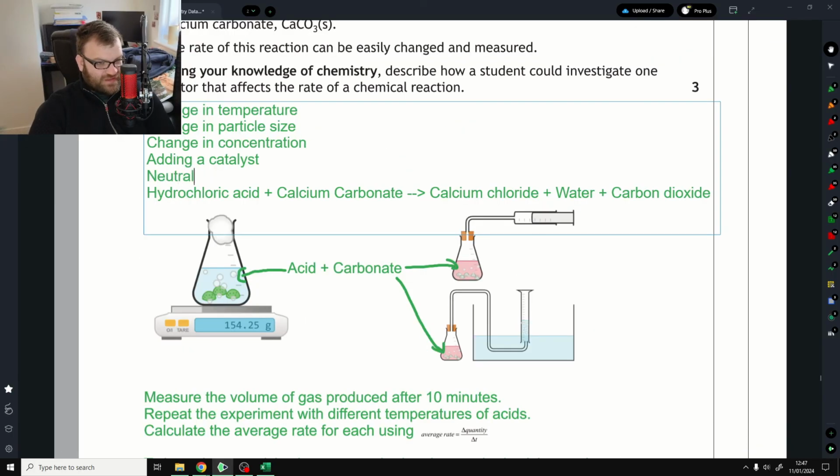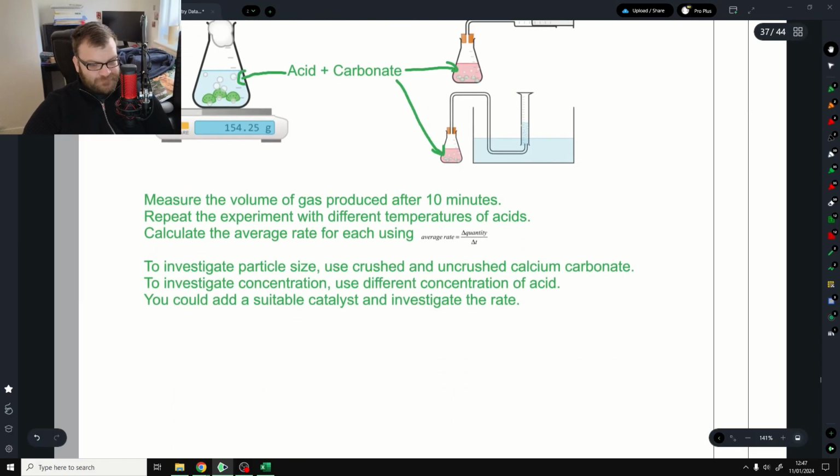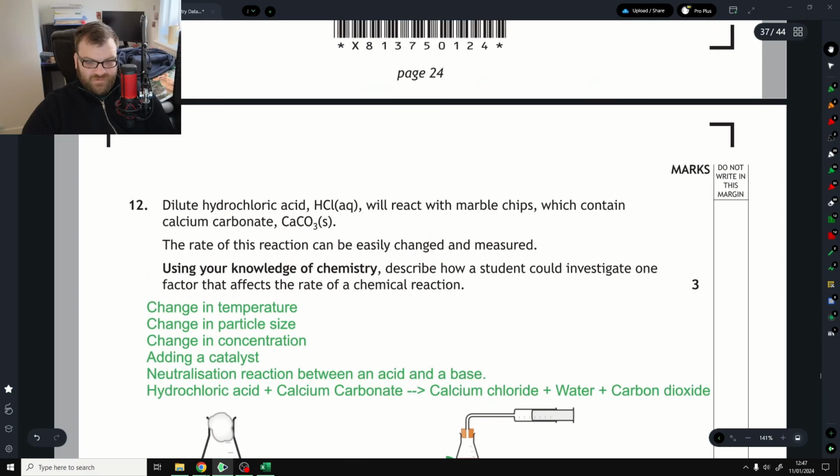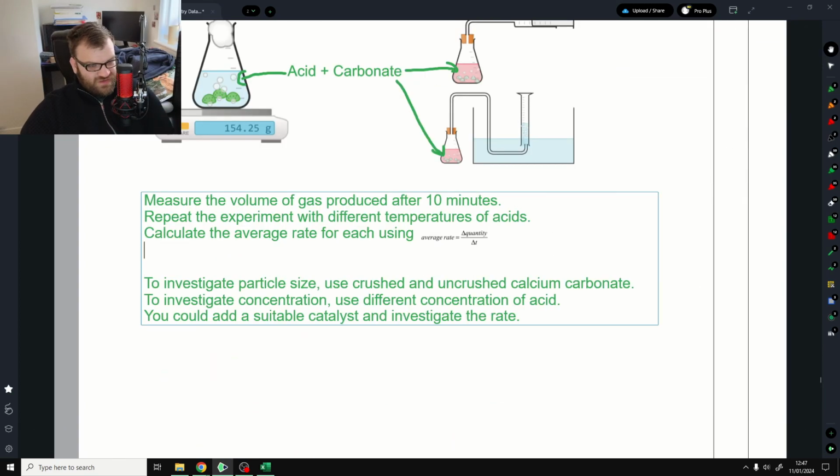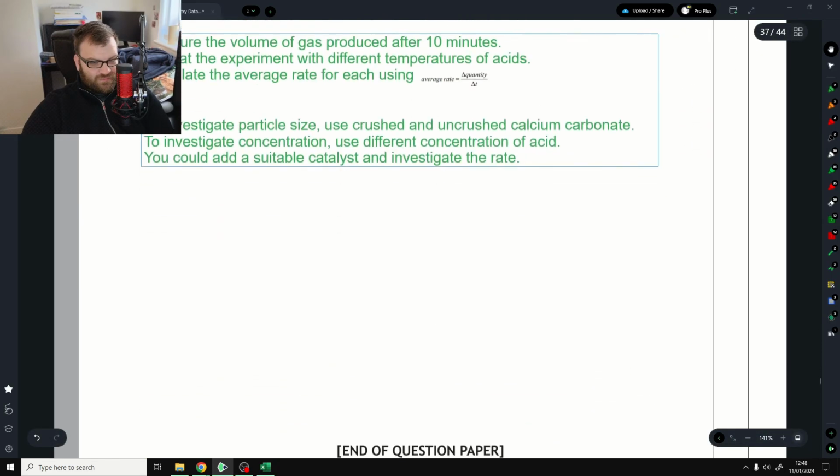We could tell them that this is a neutralization reaction between an acid and a base. A base is a chemical that neutralizes the acid, something like that. Something that can be kind of useful to put in.